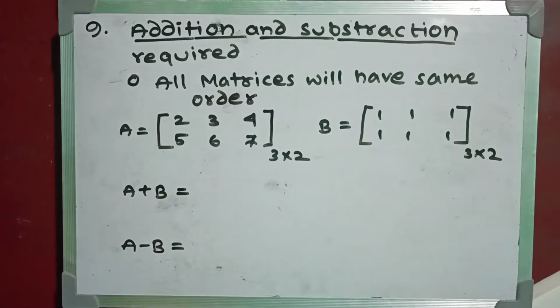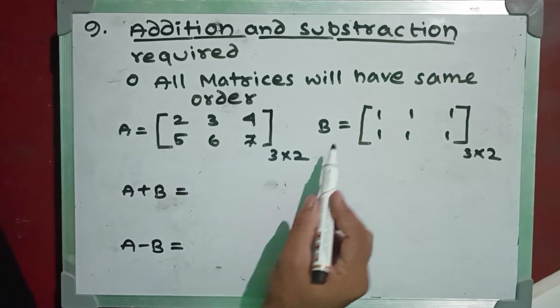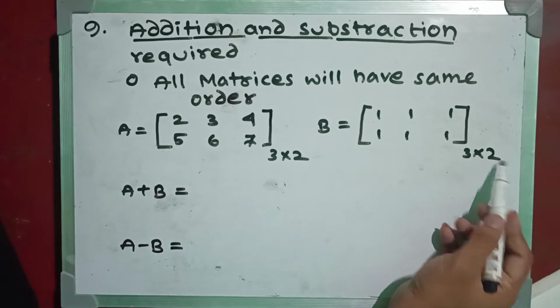Now I will discuss the addition and subtraction of 2 or more matrices. So what is required here? If we conduct the addition or subtraction of 2 matrices, then the matrices must have the same order. I have shown matrix A, and the order of the matrix is 3 cross 2, and there is a matrix B which also has order 3 cross 2.